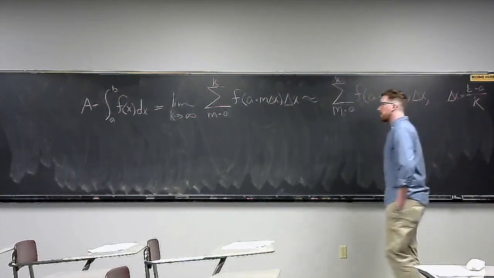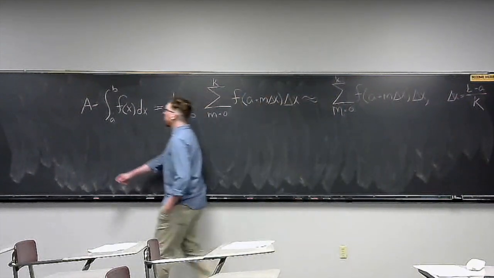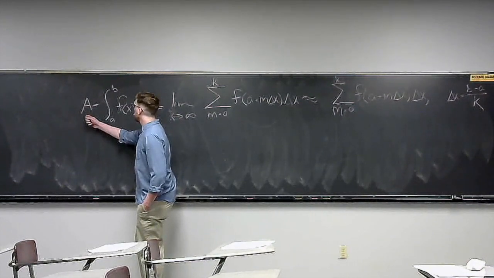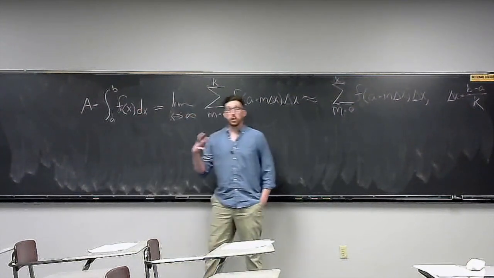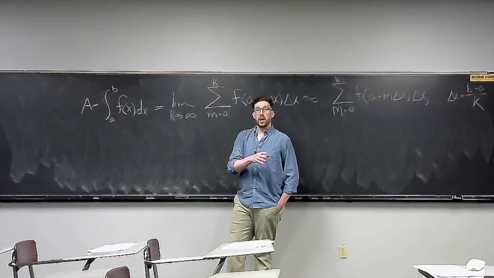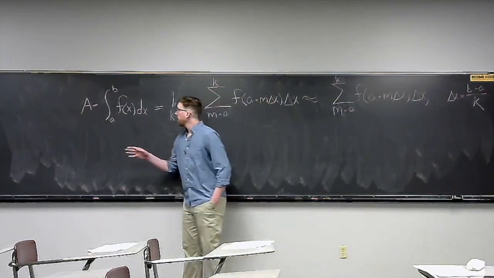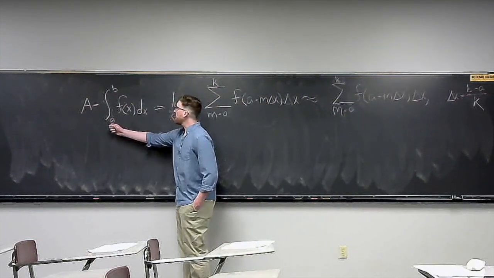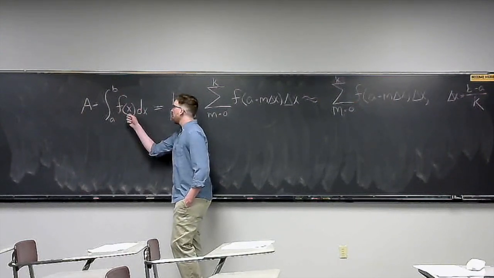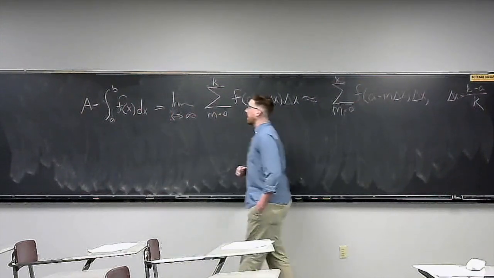But what I am saying is the area underneath some curve between x equal to a and x equal to b is equal to the definite integral from a to b of f of x with respect to x.